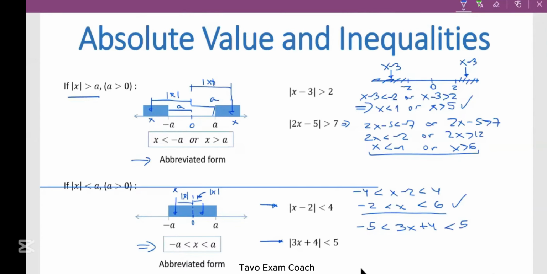And you get minus 5 minus 4 is minus 9, here 3x, and here is 1. And finally, you can divide all sides of this inequality by 3. And you would get minus 3 less than x less than 1/3. And here you have the final range of values for x.